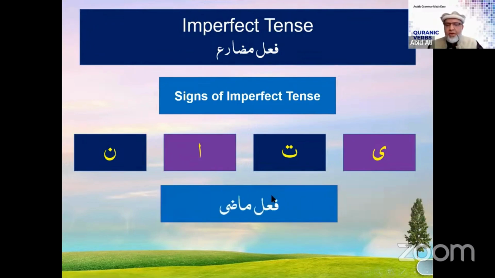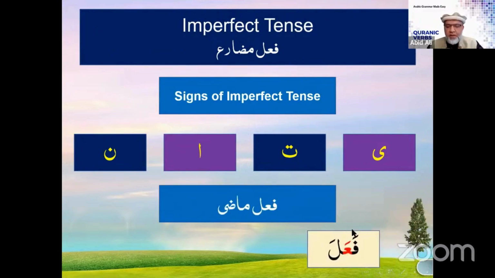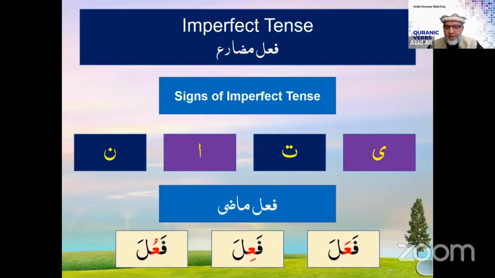Okay. So in Fi'l al-Madi, we had fa'ala, we had fa'ila, and we had fa'ula. In fa'ala, the fa kalima and the lam kalima always have the fatha, but only the ain kalima can change from fatha to kasra or dhamma.